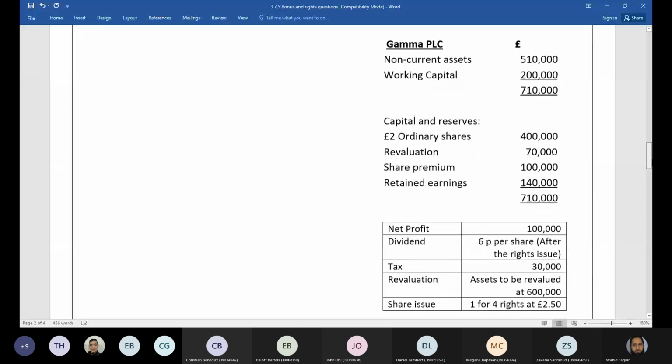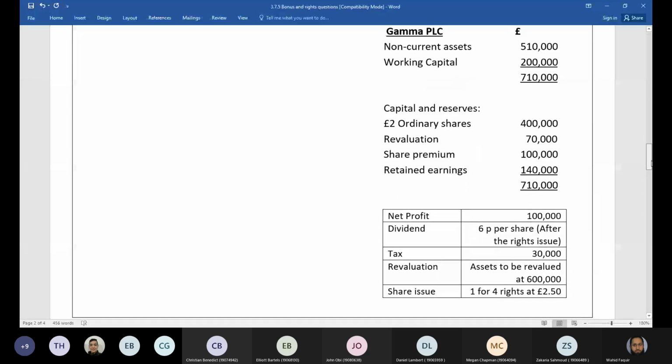How about doing gamma? Let me just have a look at gamma. Assets have been revalued. There is a tax. There's a share issue. There's dividends. Right, yeah. Guys, can we have a look at gamma, please? Let's see how far we can get through gamma.